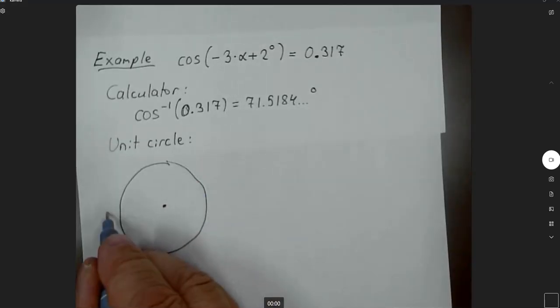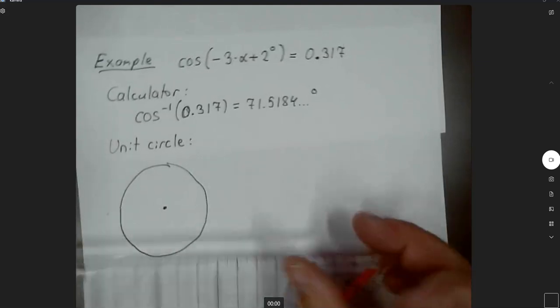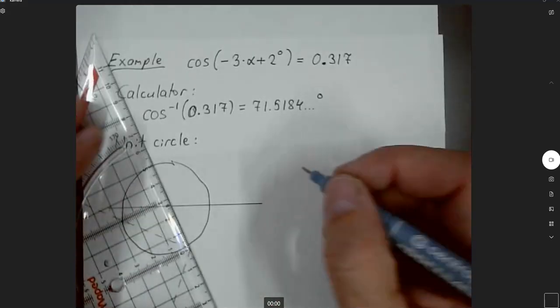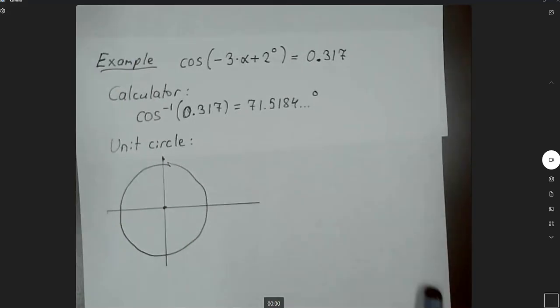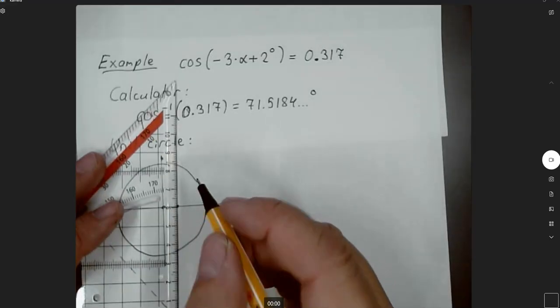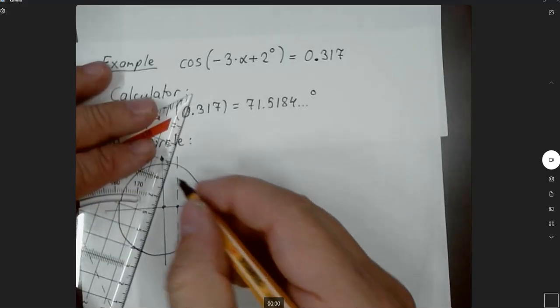And there is again the center point, which is the origin of the coordinate axes. And we notice that the 0.317 will be somewhere here, and we will find the angles there.